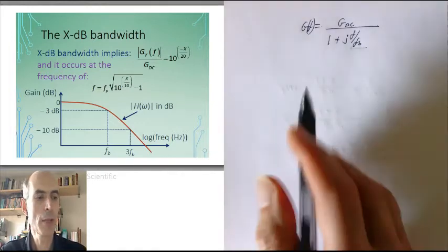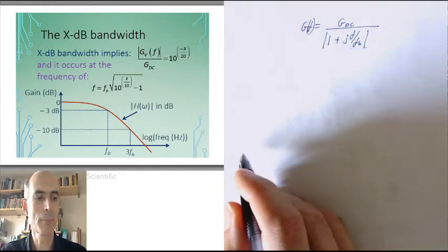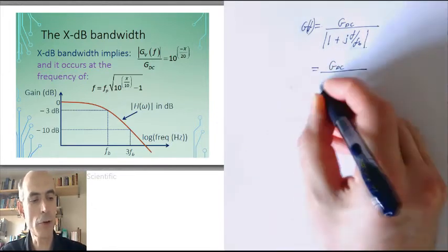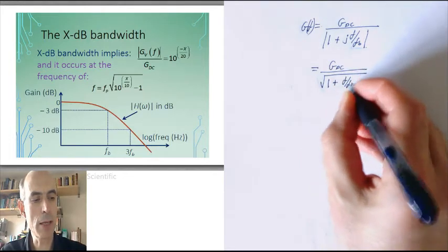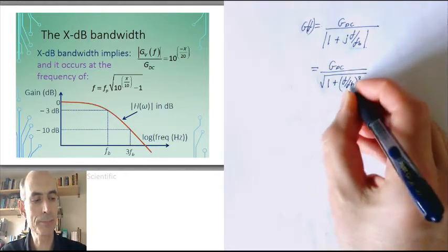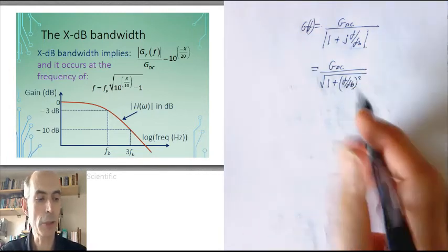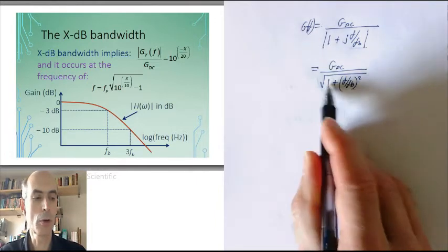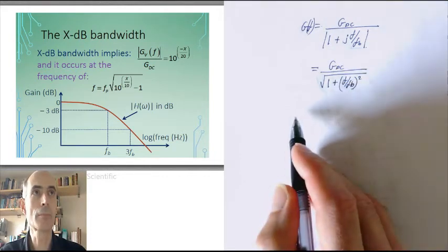And that's because if I take the modulus of this denominator here, what I get is GDC over the square root of 1 plus F over FB all squared. And when F is equal to FB, that just becomes 1 plus 1 squared, or 2, so it's GDC over the square root of 2.